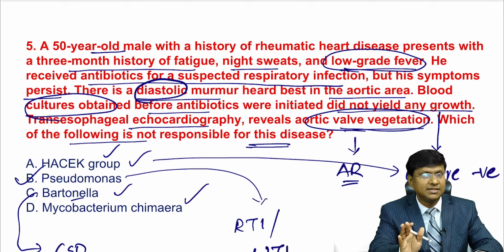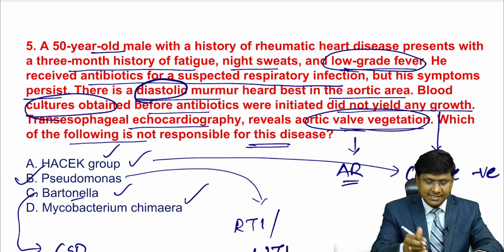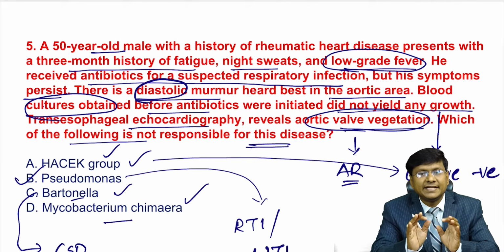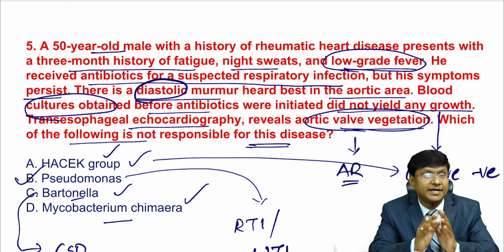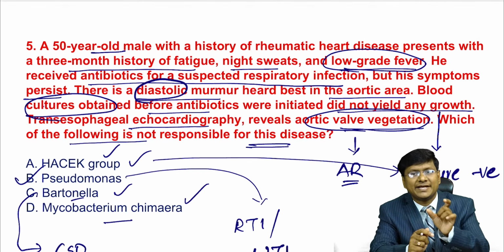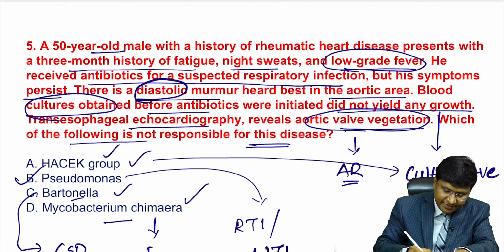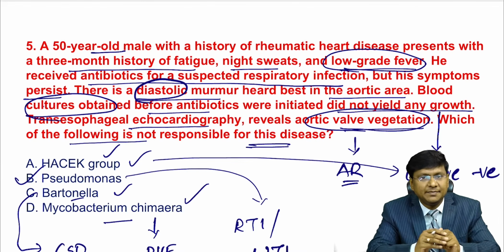That is Bartonella henselae. Then next is Mycobacterium chimaera. Mycobacterium chimaera can be responsible for culture negative cases, especially in the context of prosthetic valve endocarditis. So in prosthetic valve endocarditis, Mycobacterium chimaera is one of the important organisms.